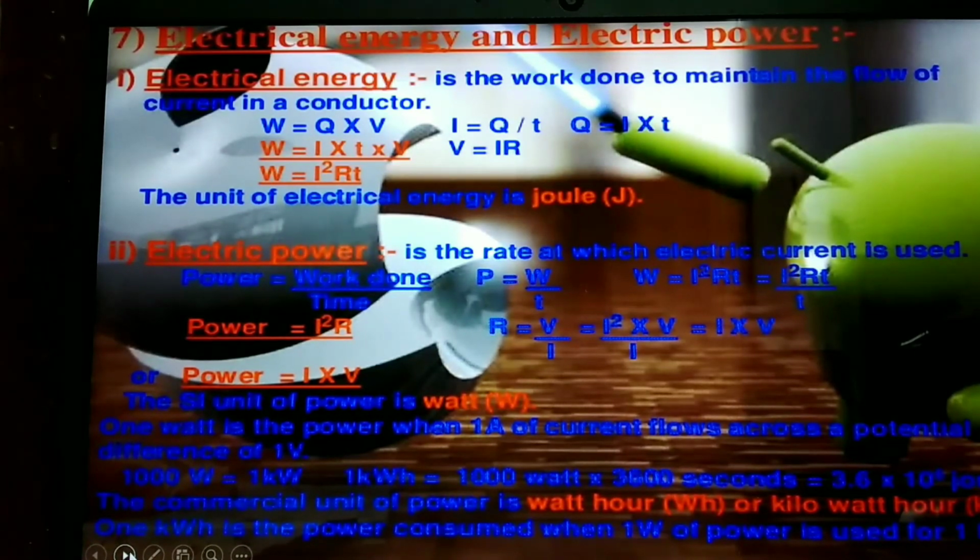The SI unit of power is watt. 1 watt is the power when 1 ampere of current flows across a potential difference of 1 volt. 1000 watts = 1 kilowatt. 1 kilowatt-hour = 1000 watts × 3600 seconds = 3.6 × 10⁶ joules. The commercial unit of electrical energy is watt-hour or kilowatt-hour or unit. 1 kilowatt-hour is the energy consumed when 1 kilowatt of power is used for 1 hour.